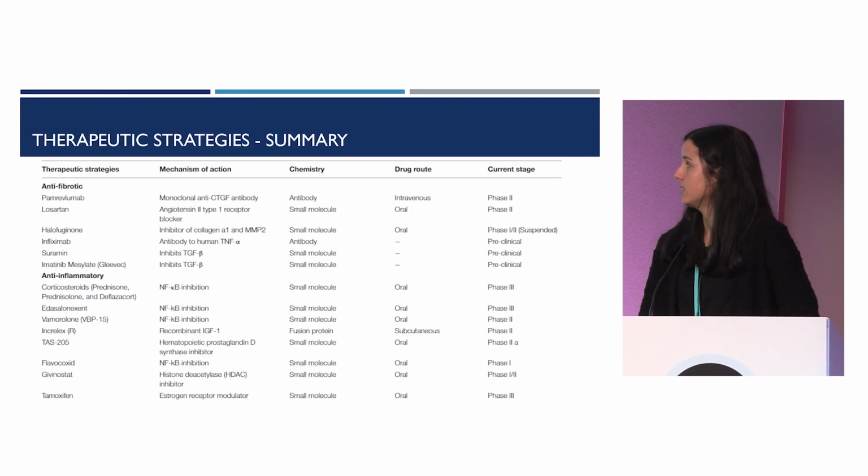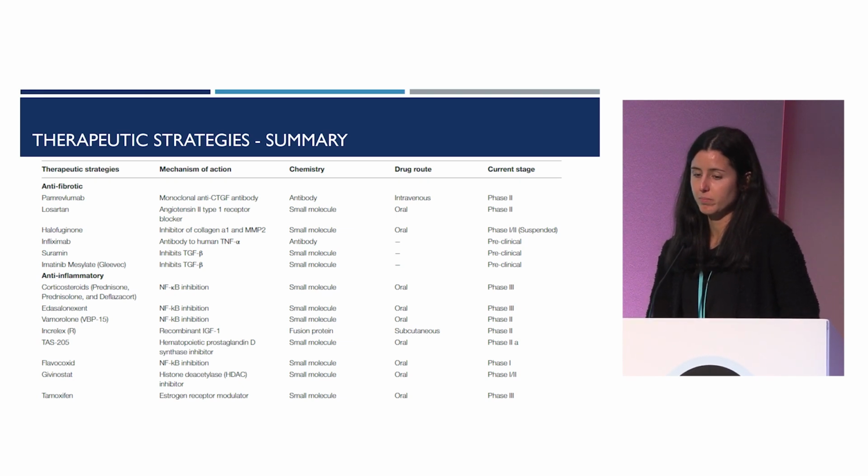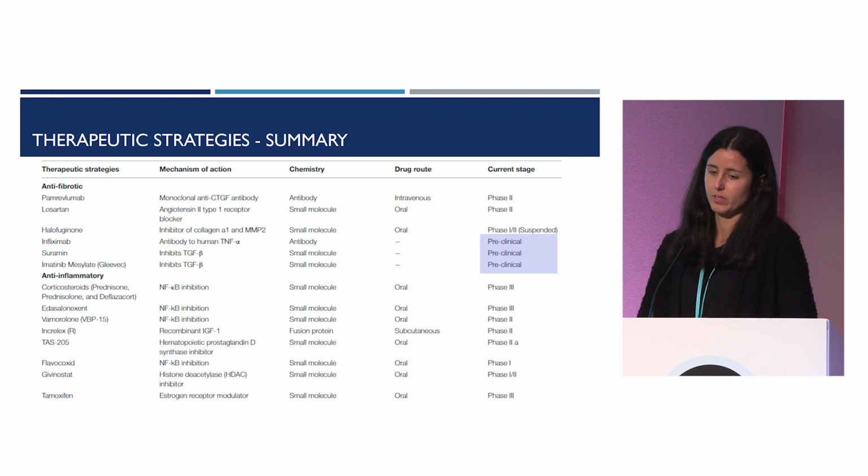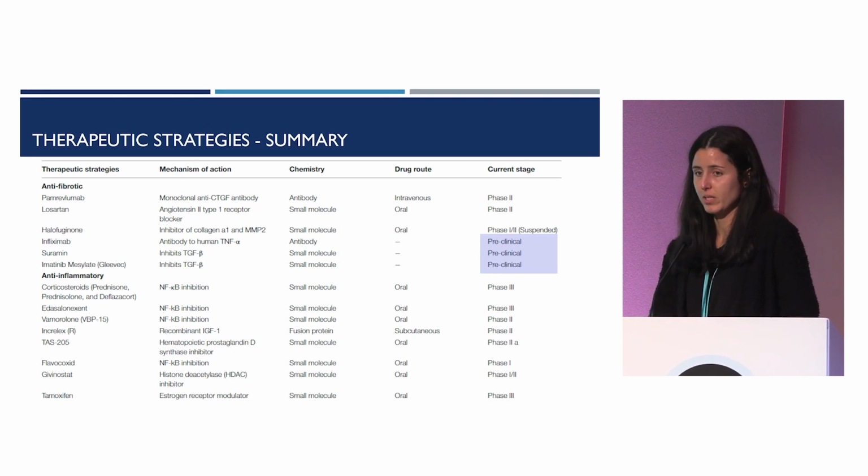So as a summary, these are some of the drugs that have been investigated. And I would like to highlight the preclinical ones because although we have seen that a lot of them didn't arrive to being approved or to phase 3 or 4, the molecular mechanisms of those drugs are really important in terms of knowledge because that helps us to know which mechanisms are differentially regulated in the muscle and how we can target them.